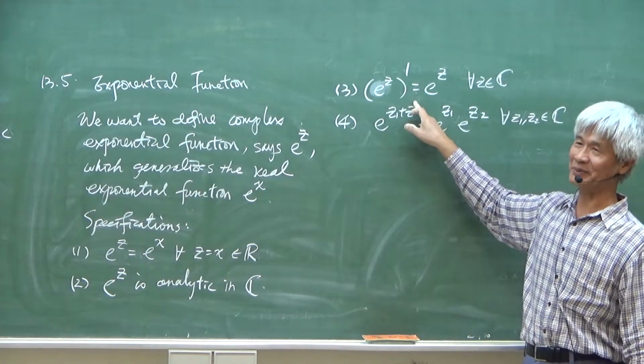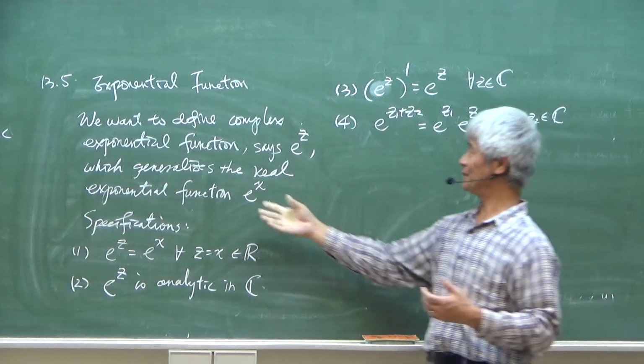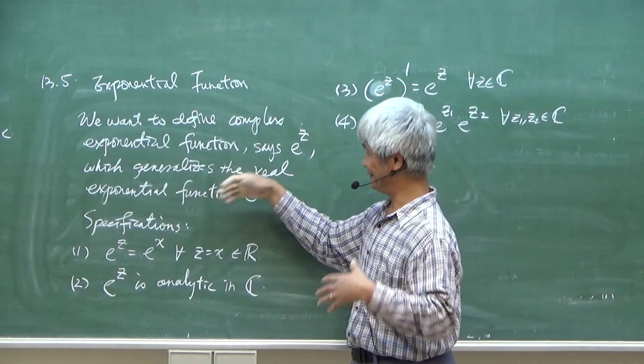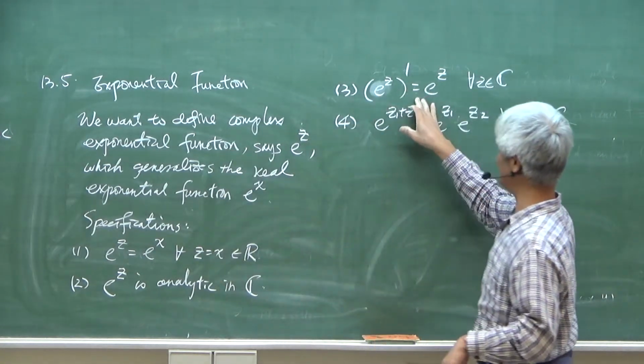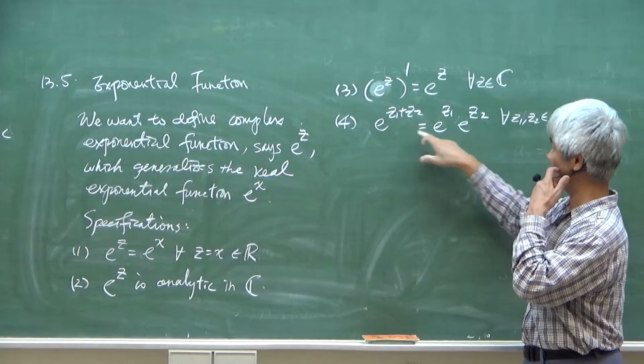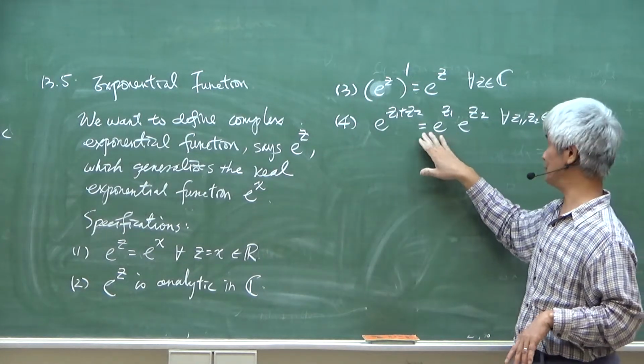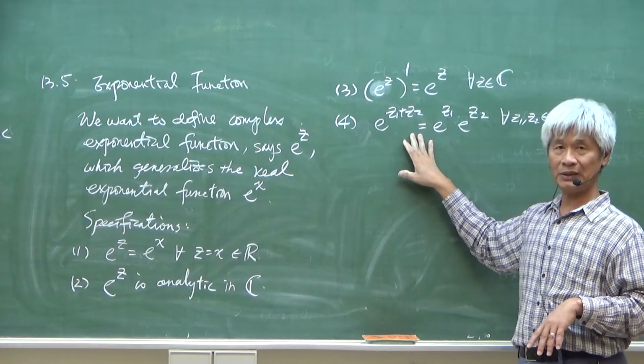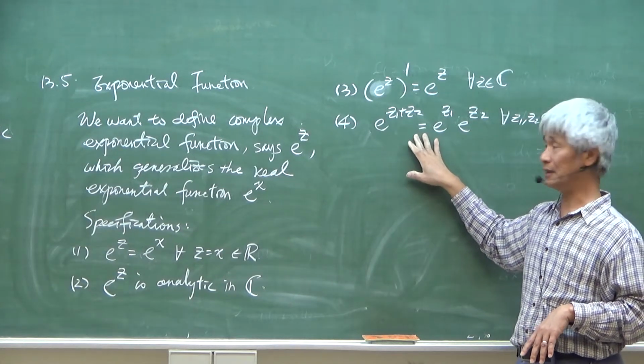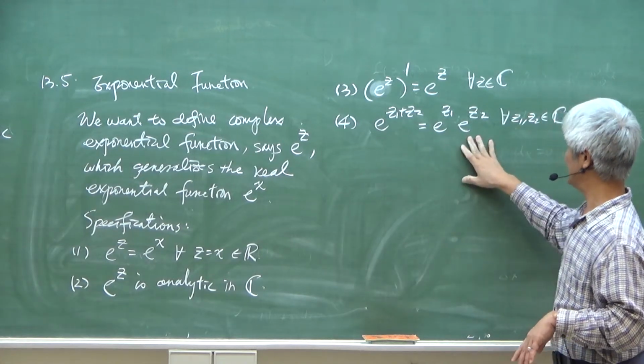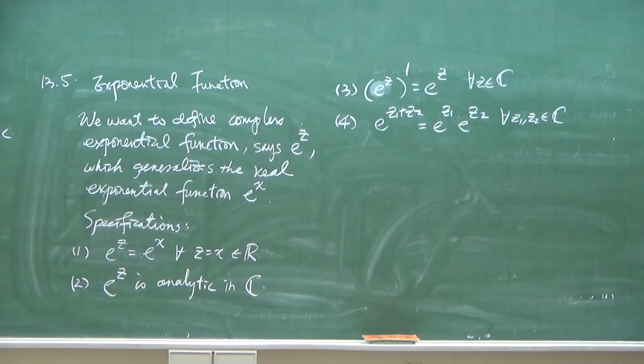That's reasonable because we want to keep the real generalization here. This is the property we use a lot in mathematics. So we keep the four specifications here.